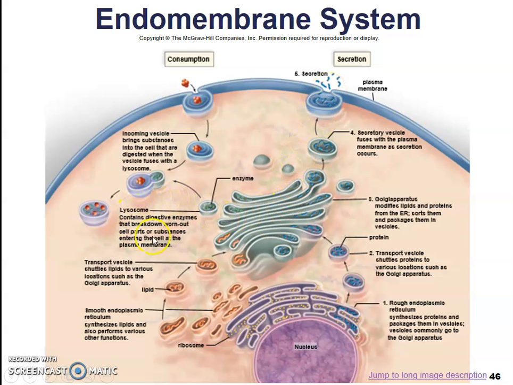You can see the lysosome over here doing some digesting. Okay. Cells can also take in materials the same way that they secrete them. A vesicle will fuse with the membrane, like right here, and once the cell's like, yep, this is good stuff, it opens up and allows it to move into the cell.